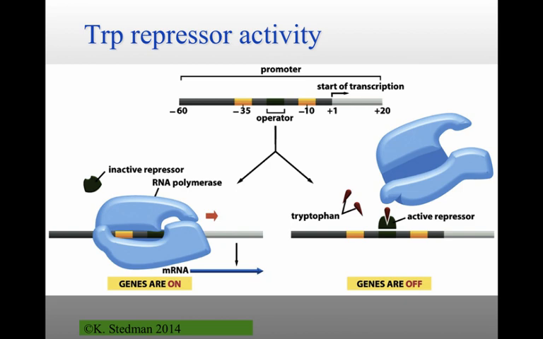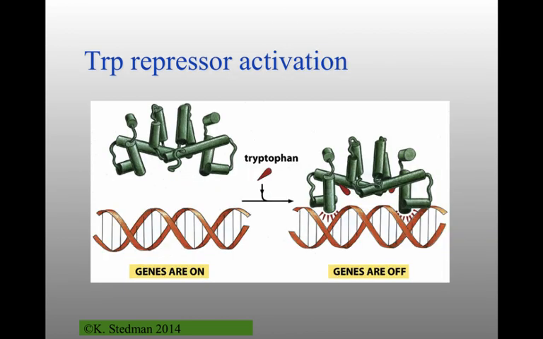We know in really nice detail exactly how this works. The trip repressor is a dimer, so it's got two individual peptides that come together, again, through quaternary structure. Each of those binds tryptophan.